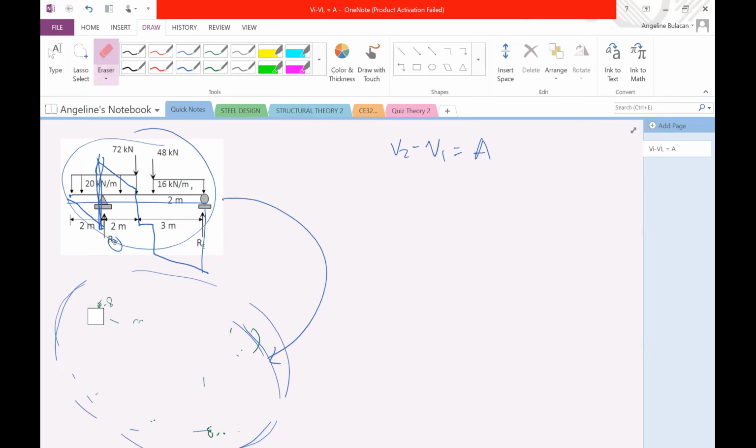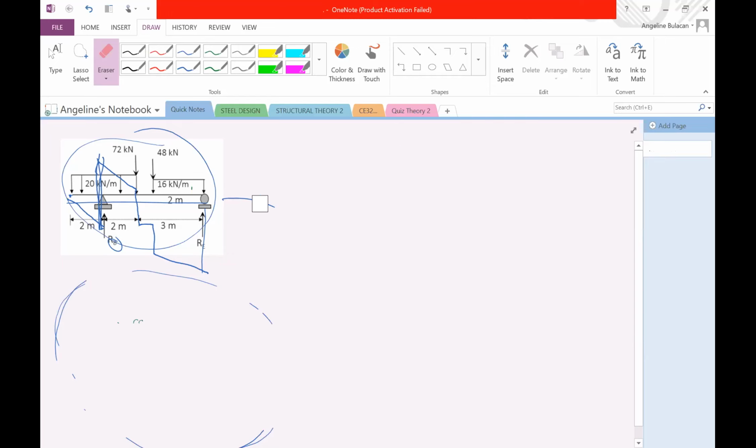Punta naman tayo sa moment diagram. Copy ko na lang yung shear diagram para madali. Shear. Sorry, ito na lang.